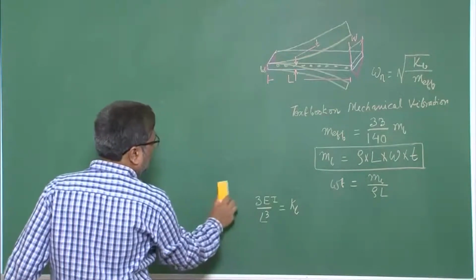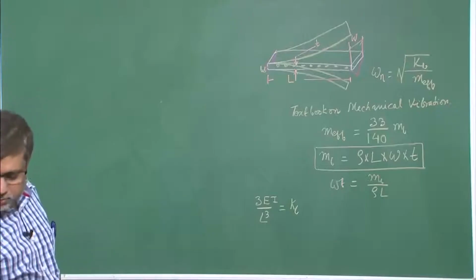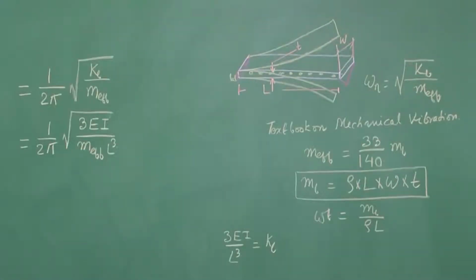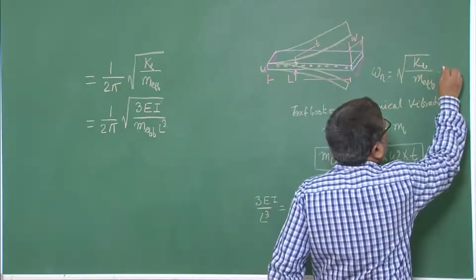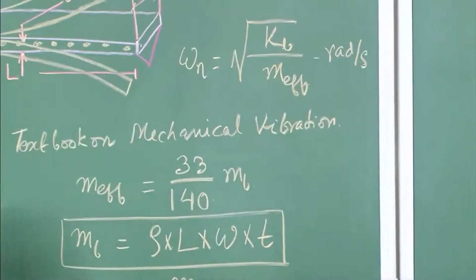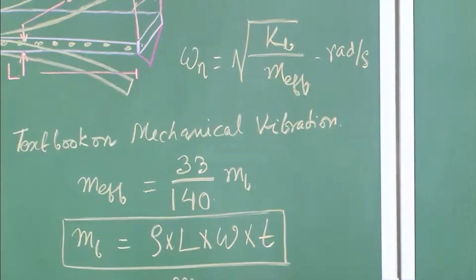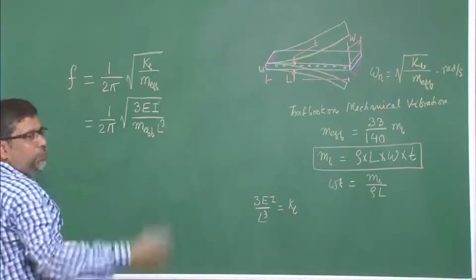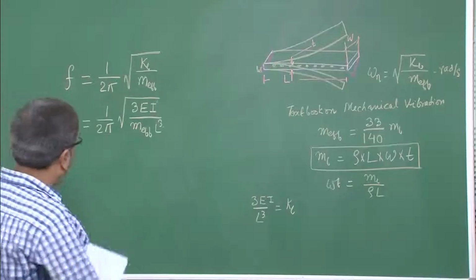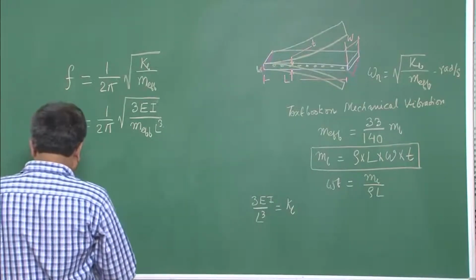This part you already know. I am just keeping the expression of KB and the expression of M effective. Omega n here is in radian per second, right, and here let us put a different variable, because we have divided by 2 pi. So let us put it as 1 over 2 pi square root of KB over M effective.